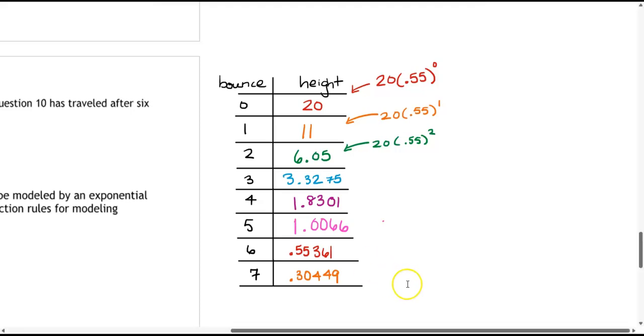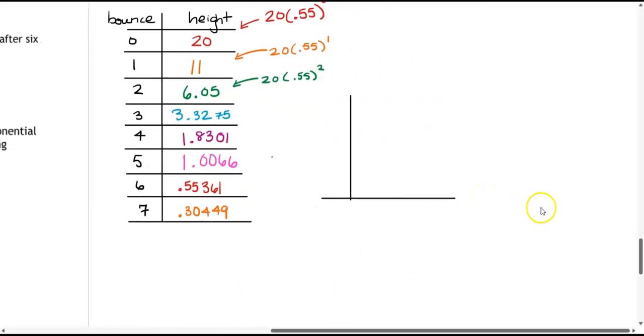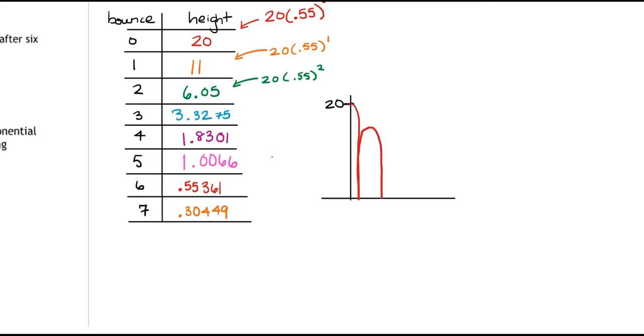So let me see. I just have this ball that I've got over here at 20. And that's where it's going to start, right? And I drop this ball down, hits down here, it comes back up, and it bounces, and then bounces, and then bounces.